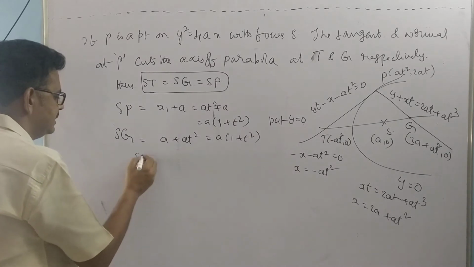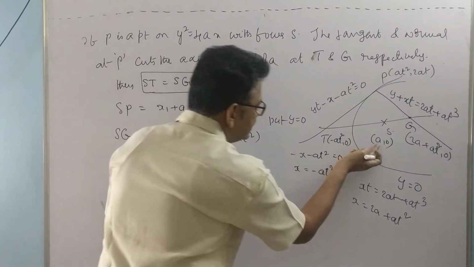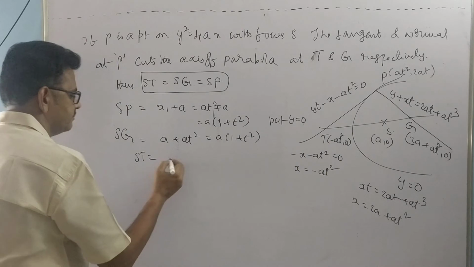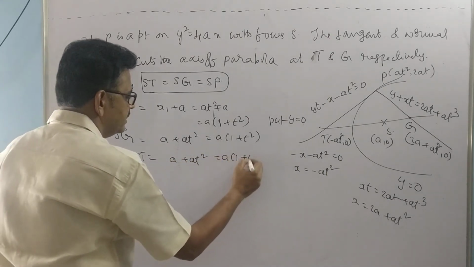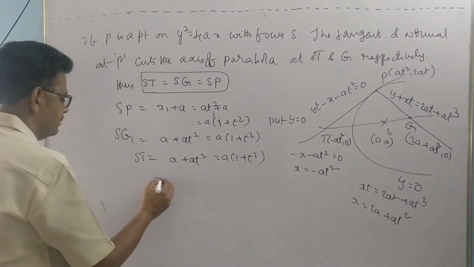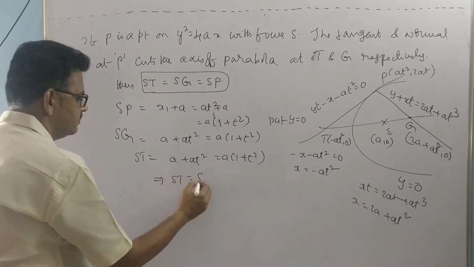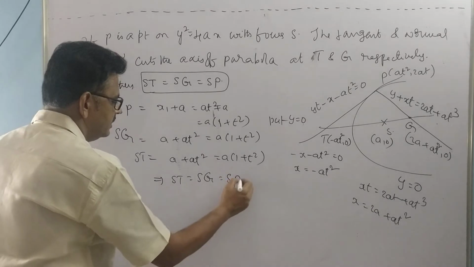Next ST is equal to a plus at square, a into 1 plus t square. Therefore ST is equal to SG is equal to SP.